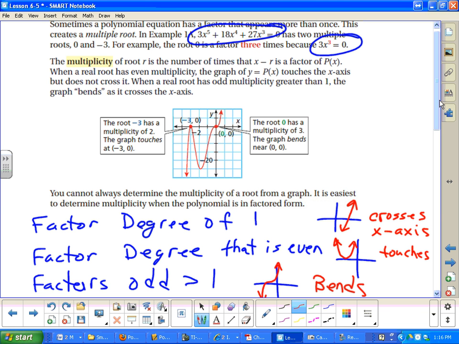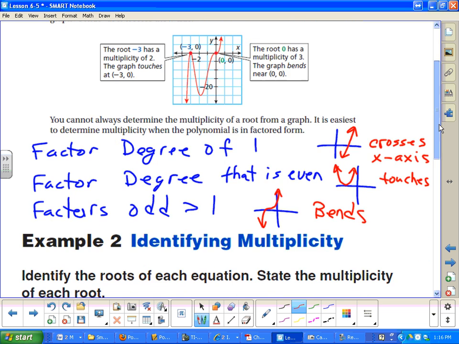So if this one's even and this one's odd greater than 1, those two numbers for multiplicity have to add up to 5. So this one would have to be 2, and this one would have to be 3, because they have to add up to 5. Sure, right?